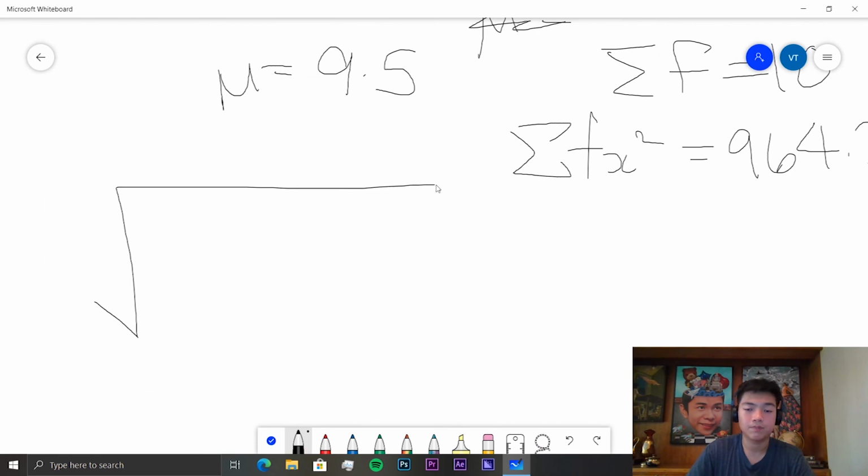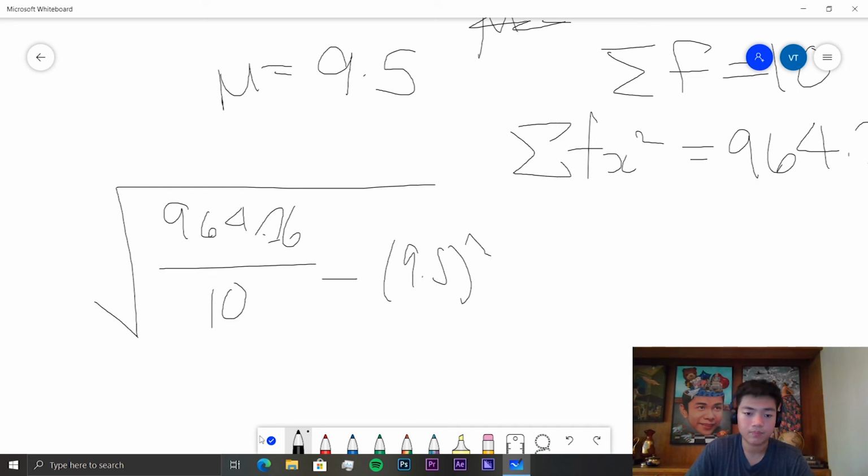So we have the square root of 964.26 all over the number of terms, which is 10, minus the mean squared, so 9.5 squared.